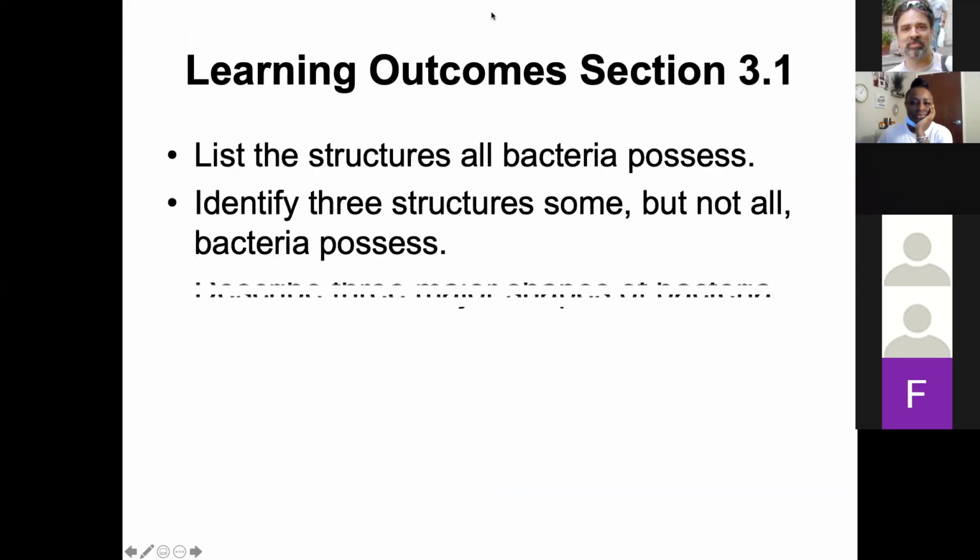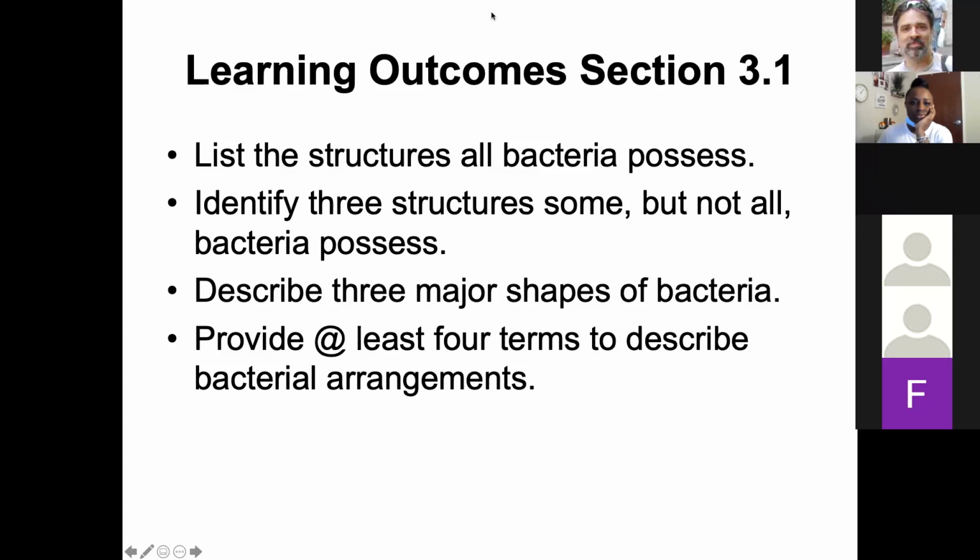Okay. What we want to talk about in chapter 3 is the anatomy and physiology of the microbes that you're going to be studying during the course of these 10 weeks. We're going to talk a little bit about what a prokaryotic and a eukaryotic cell are, what sort of machinery they have, how they work, how the parts operate together to sustain the cell.